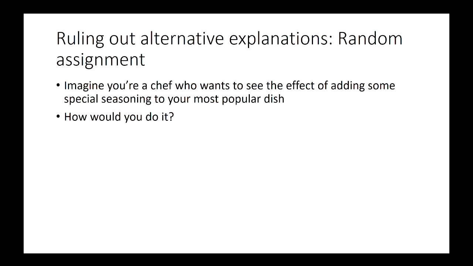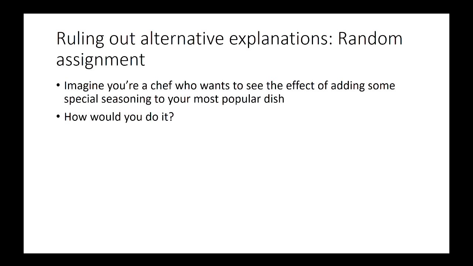You want to add some special seasoning. You add the seasoning once the dish is done, just on top at the end. You want to try out a new seasoning that you've developed. You want to see whether it actually makes it tastier. How would you do it?